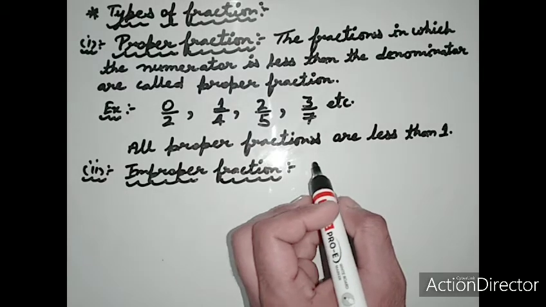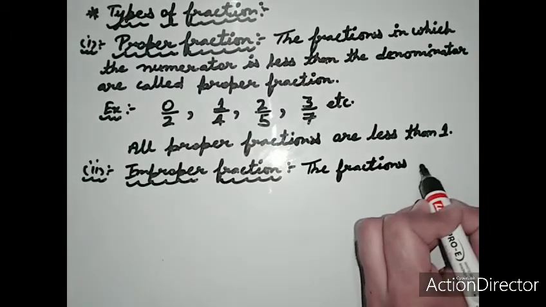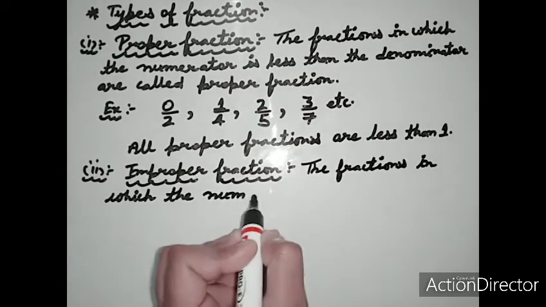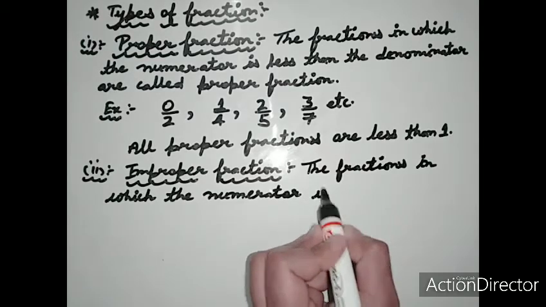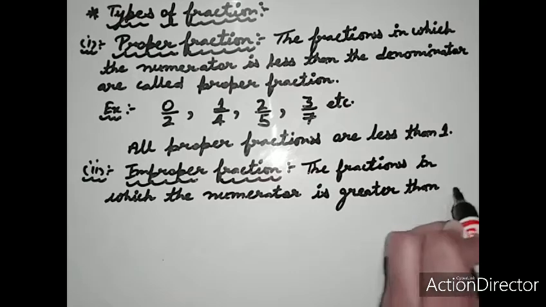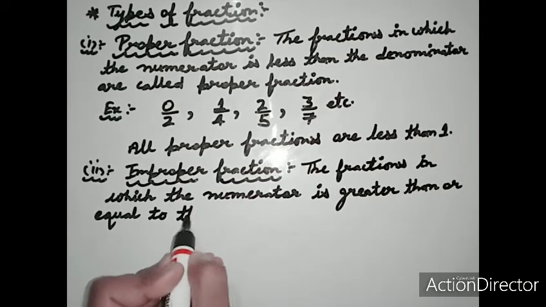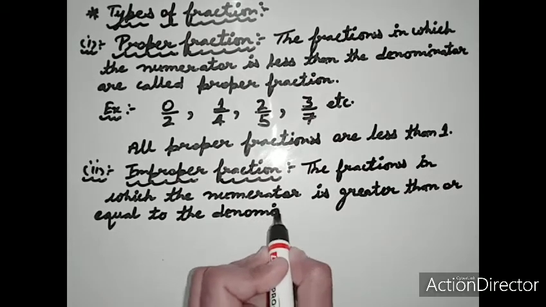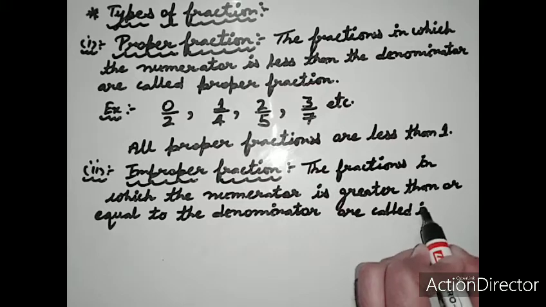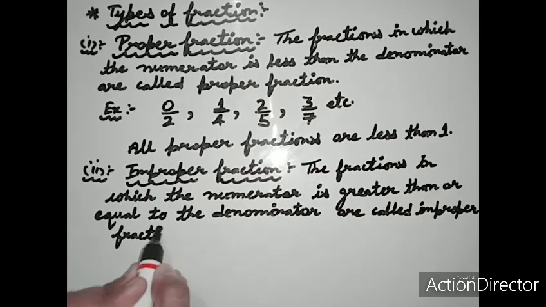So the definition of improper fraction is: the fractions in which the numerator is greater than or equal to the denominator are called improper fractions.